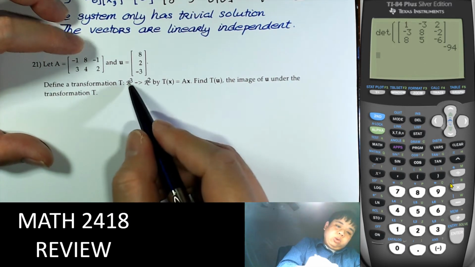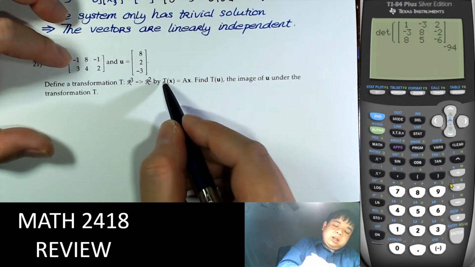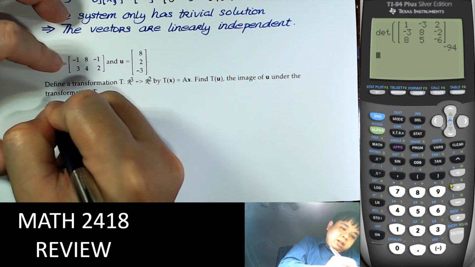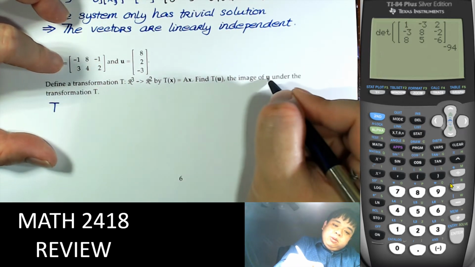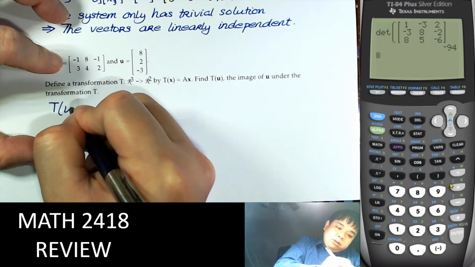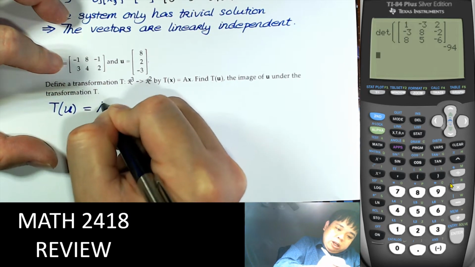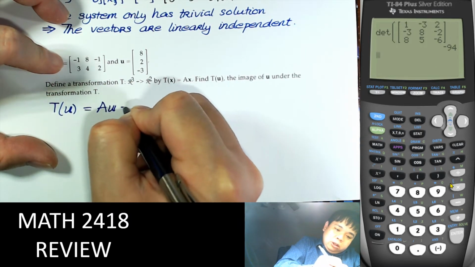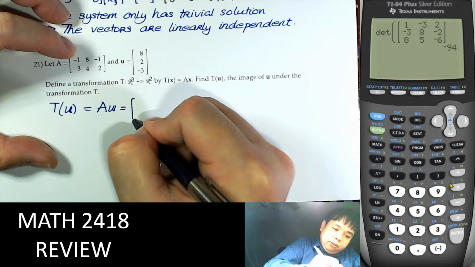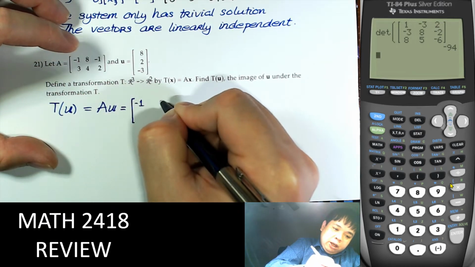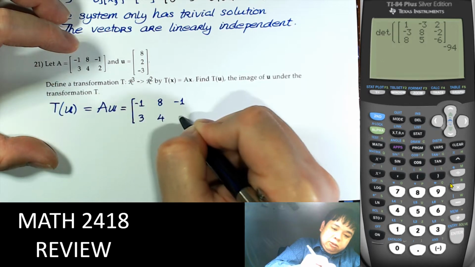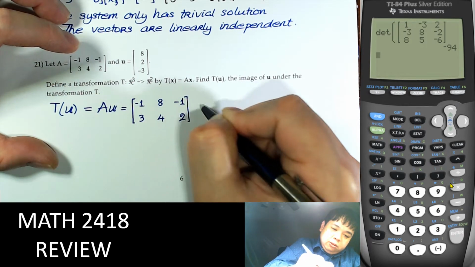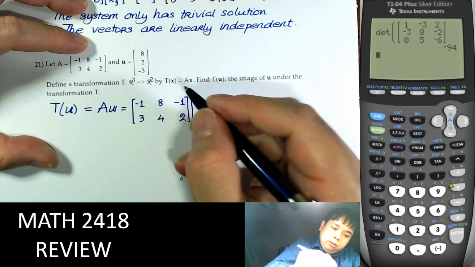So we go from R3 to R2, with the transformation represented by T of X equal to A of X. Now if we have U instead of X, then T of U equals A of U.